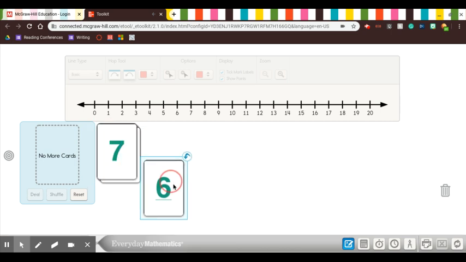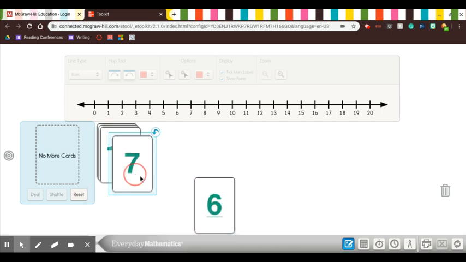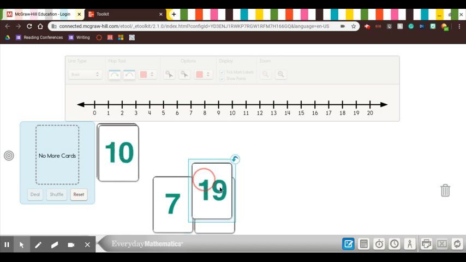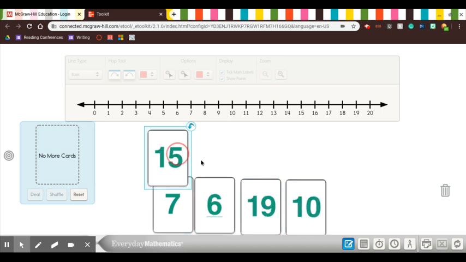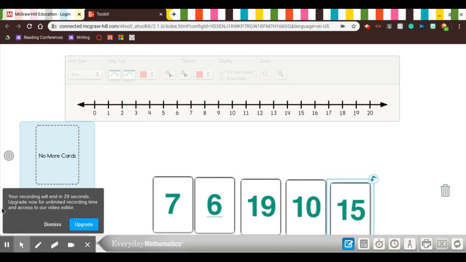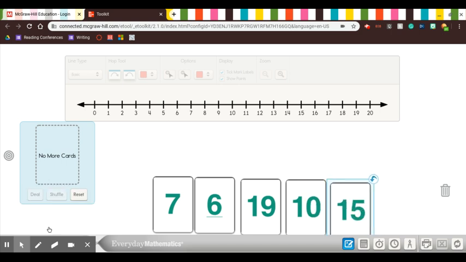I'm going to move these down here. All right, so we're putting these in order from the smallest number all the way to the biggest number. I'll give you a second to do that. Use the number line up here.